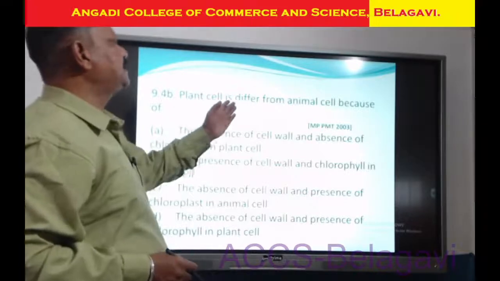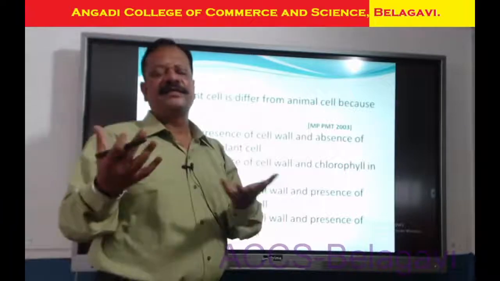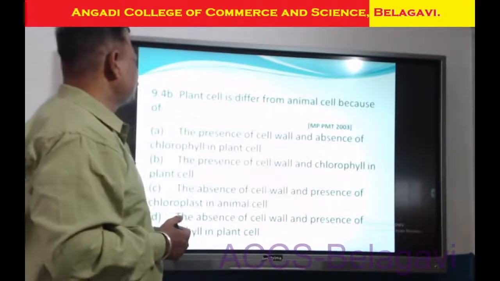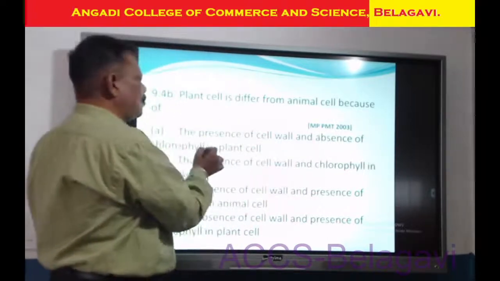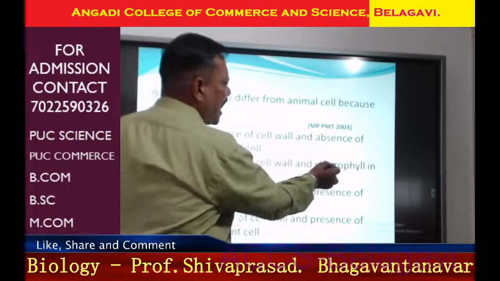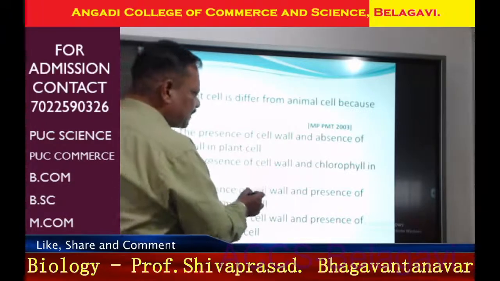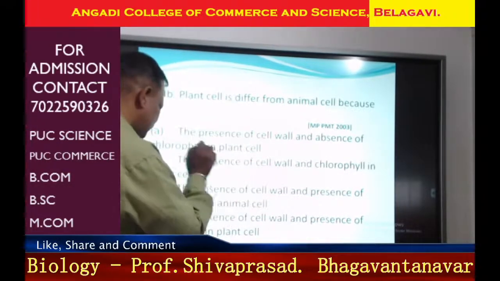A plant cell differs from an animal cell because of what? You have to say the difference between plant cell and animal cell. Just go to the options. The presence of cell wall and absence of chlorophyll in plant cell; the presence of cell wall and chlorophyll in plant cell; the absence of cell wall and presence of chloroplast in animal cell.